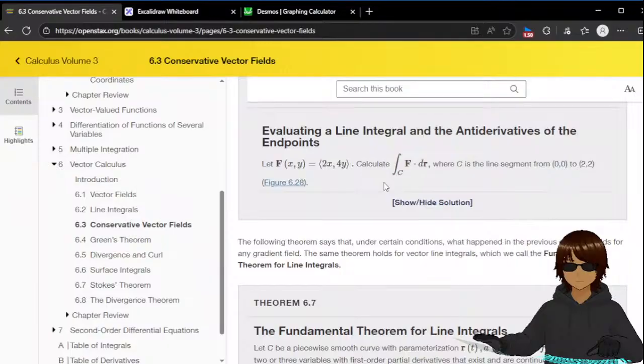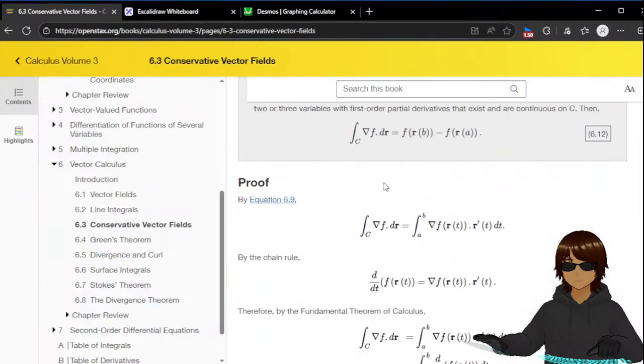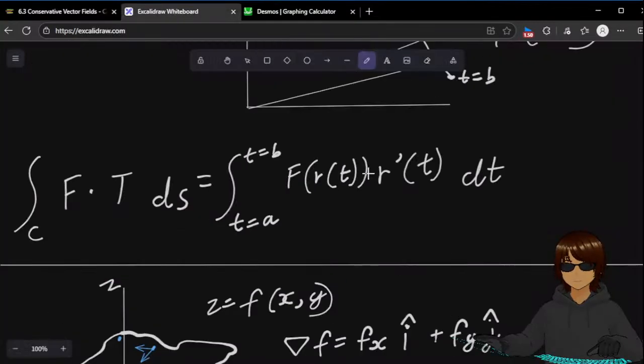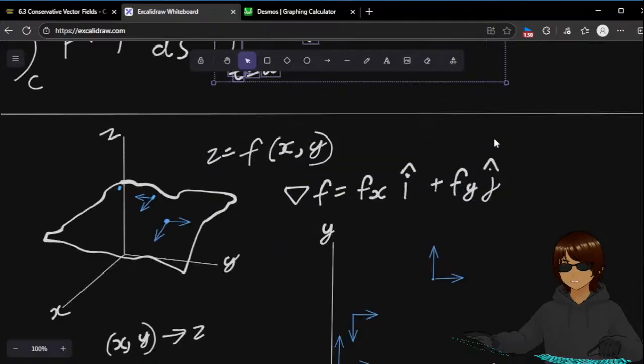And there was a fundamental theorem. This over here is a vector line integral of a gradient.